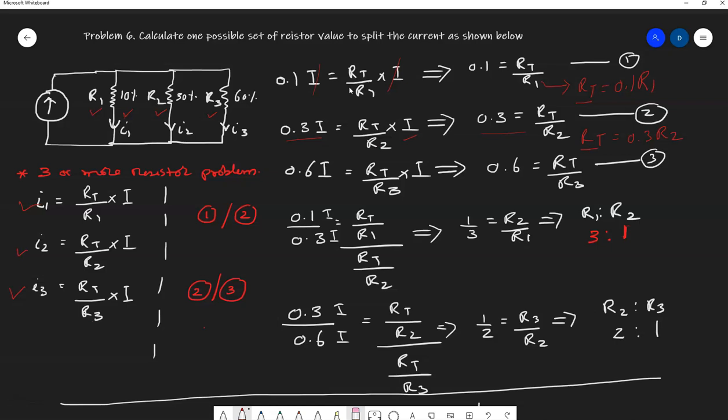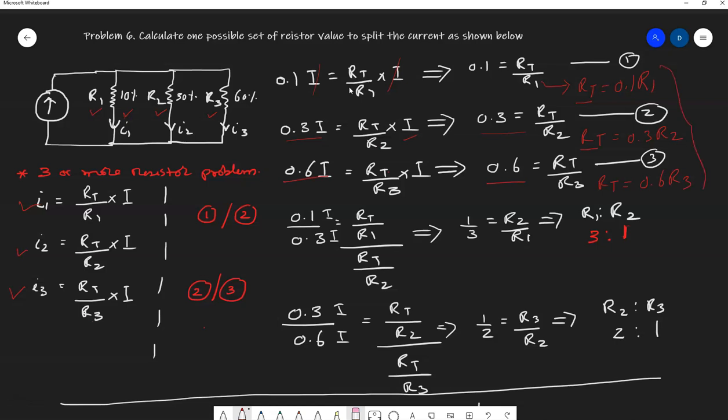You can equate these two to get the ratios. Apply for the last branch, the 60% of I: 0.6 times I is equal to RT by R3 times I, which is 0.6 equals RT by R3, and you could have got RT is equal to 0.6 times R3. So with RT equal to all the three values, you could have equated all three and got the ratios.